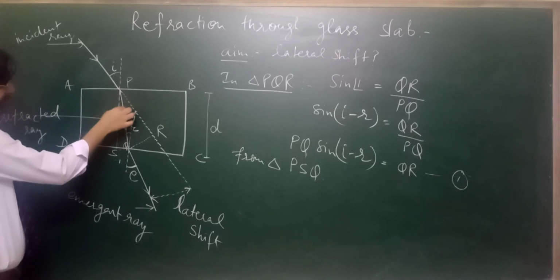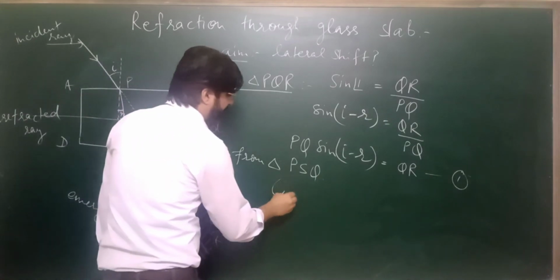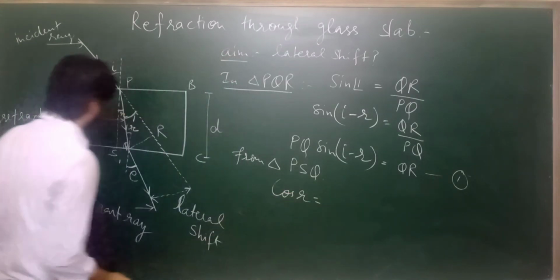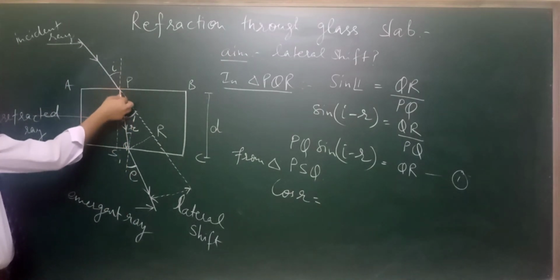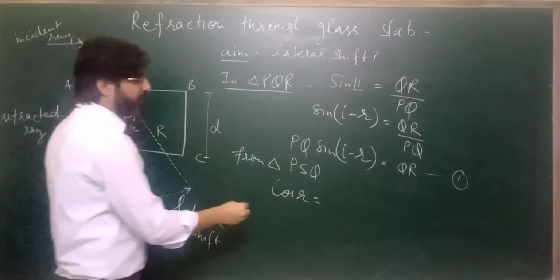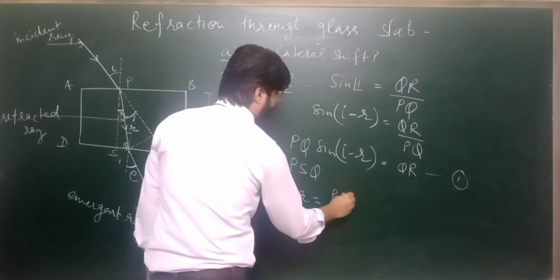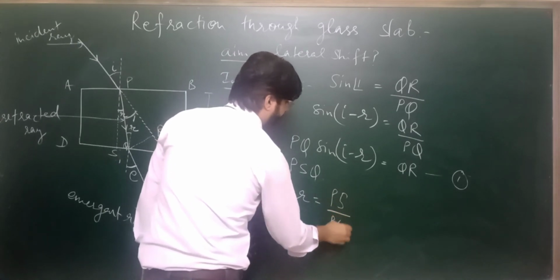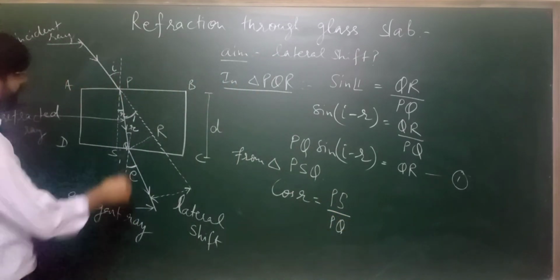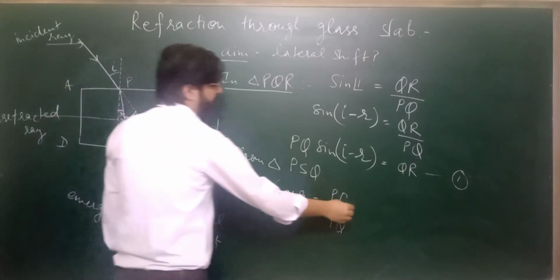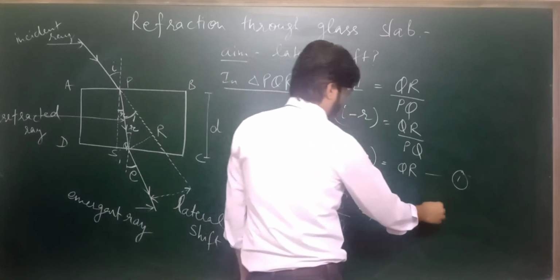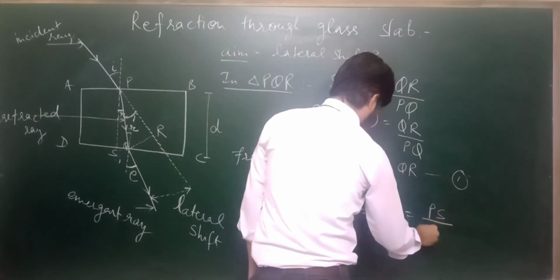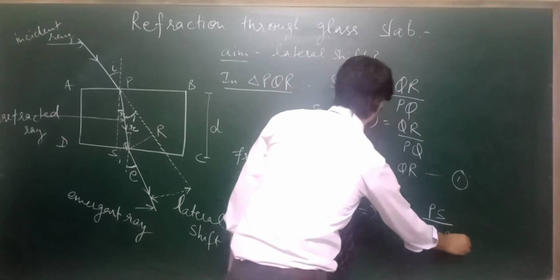So this we have to find. So if we apply cos of R, cos R will be equal to base by hypotenuse. That means PS by PQ. So from here the value of PQ will come. From here we can say PQ is equal to PS by cos R.